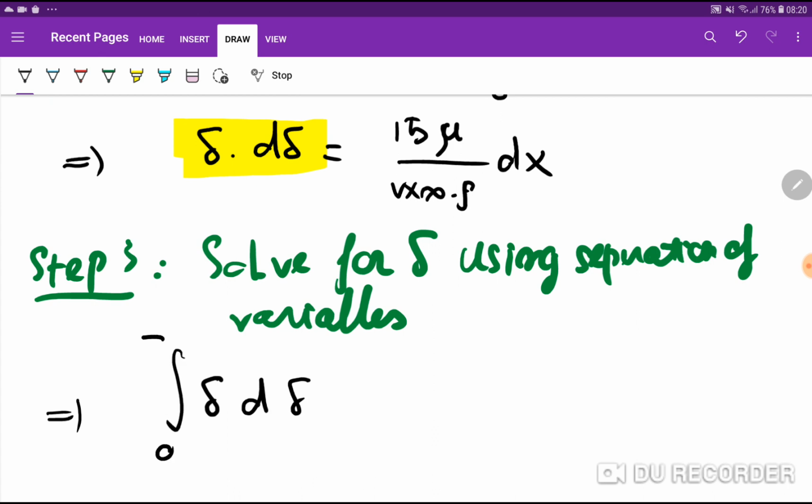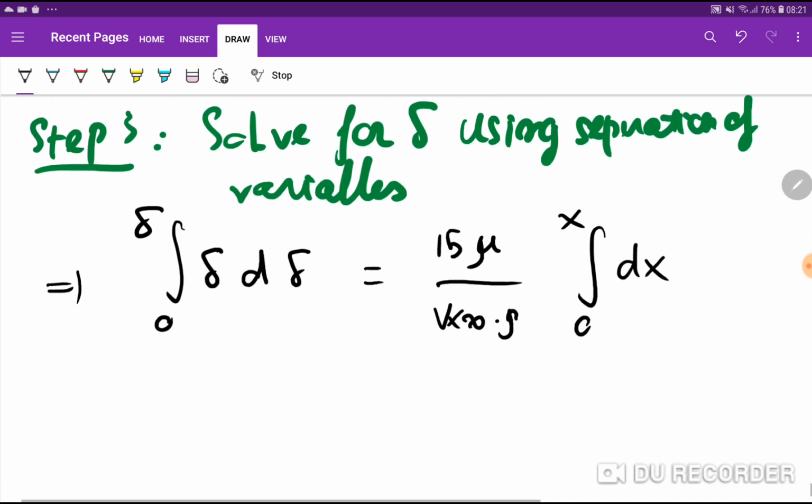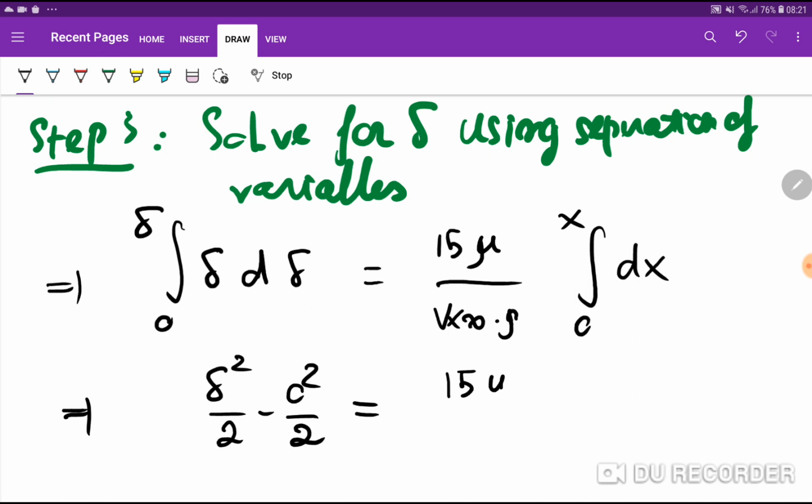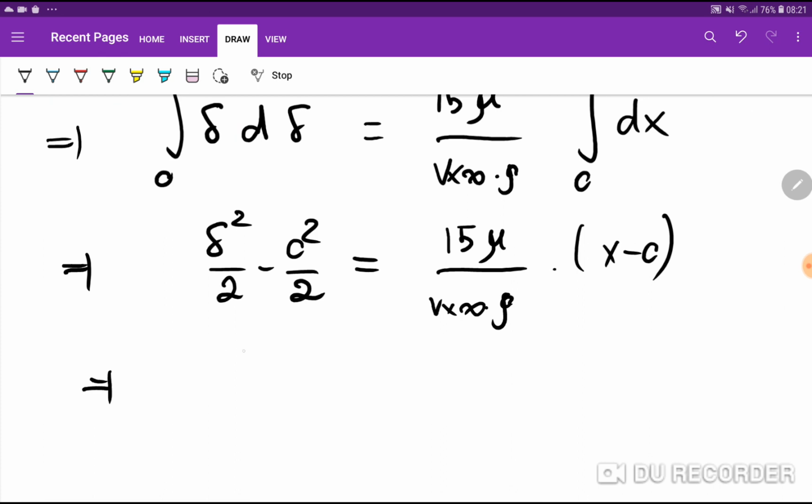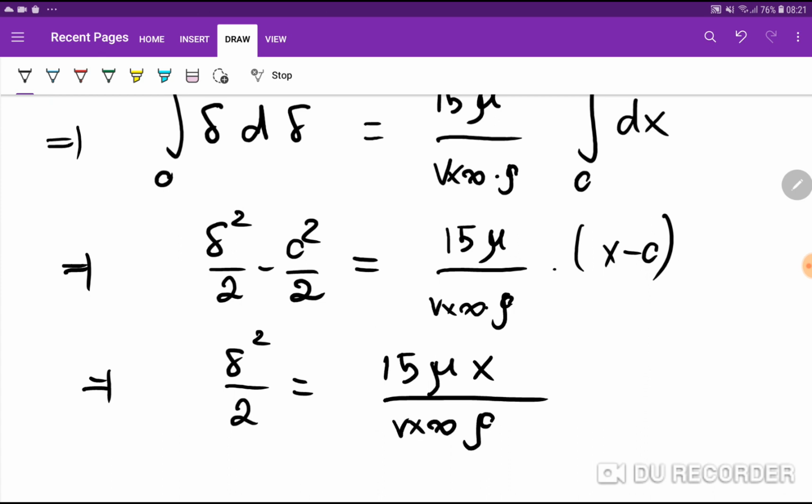Remember that δ varies from 0 to δ, and similarly x varies from 0 to x. So what is this equal to? This equals δ squared over 2 minus 0 squared over 2 equals 15 μ over Vx infinity times ρ times x minus 0. So now you get δ squared over 2 equals 15 μ x over Vx infinity times ρ.